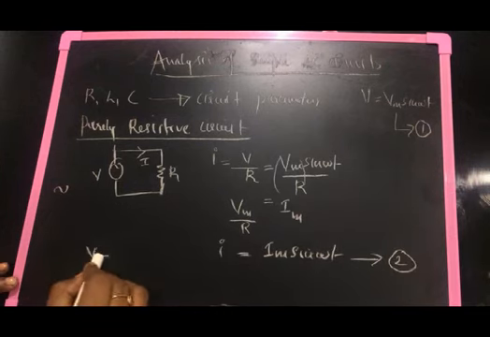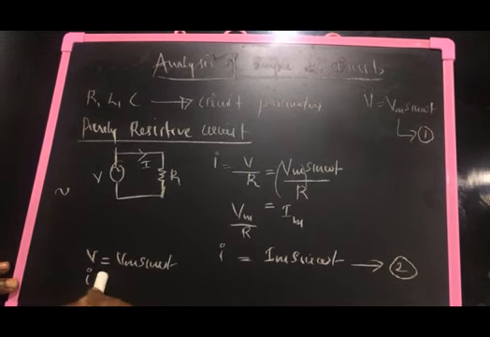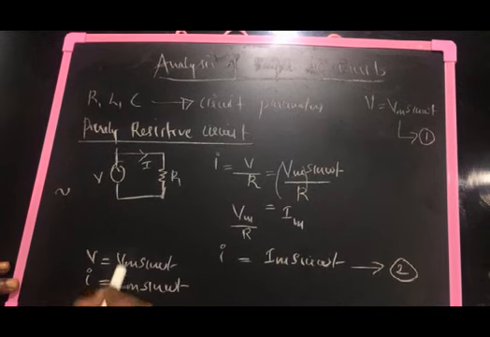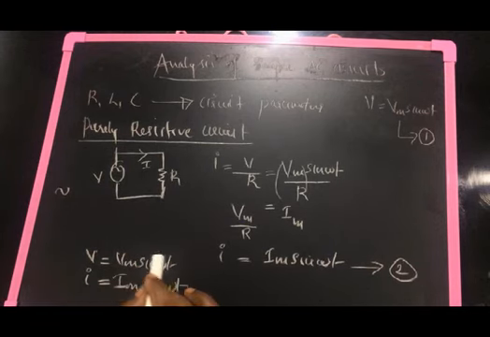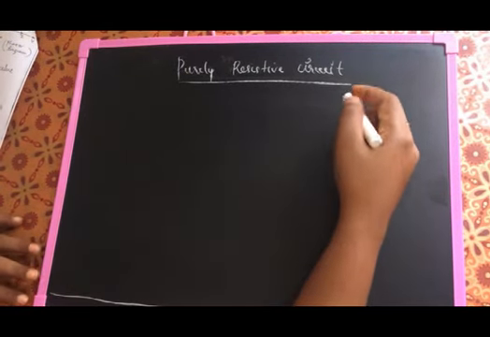V is equal to Vm sin omega t and I is equal to Im sin omega t. See, there is no phase difference, it's sin omega t and sin omega t. So in a purely resistive circuit, the voltage and the current are in phase with each other. In phase depends upon the angle theta, and theta is equal to omega t.